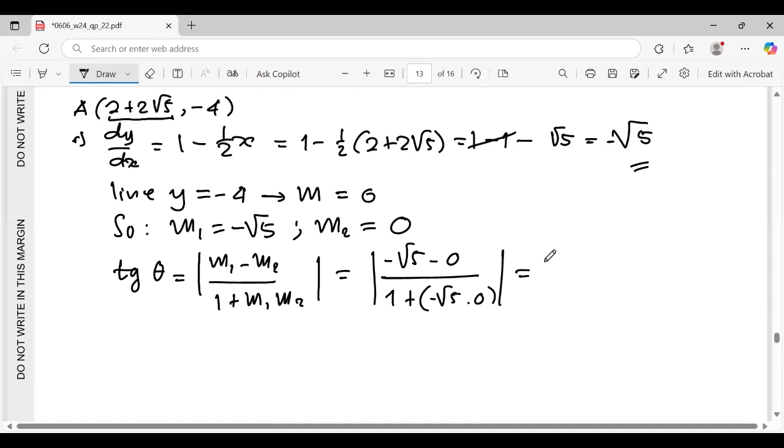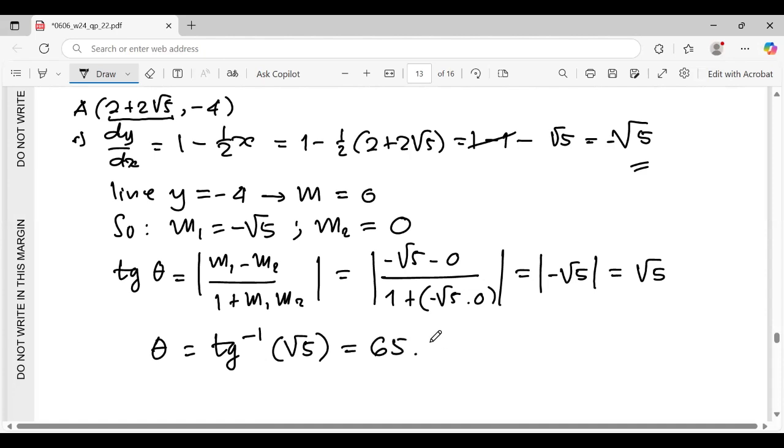So this is minus square root 5 divided by 1. The result is square root 5 because of the modulus. So theta equals arctan, tan to the power minus 1 of square root 5, and the result is 65.9 degrees.